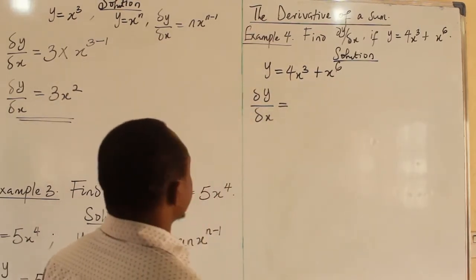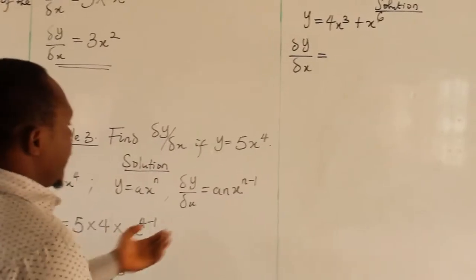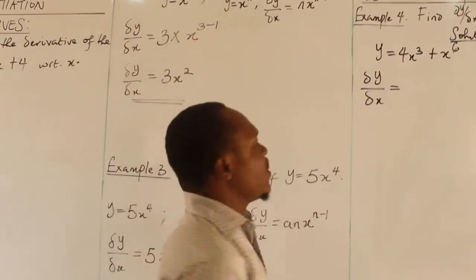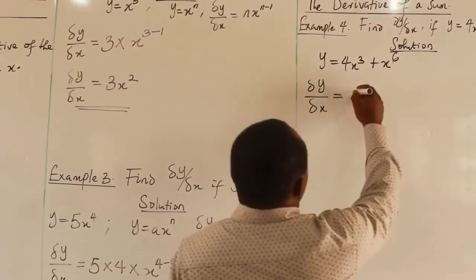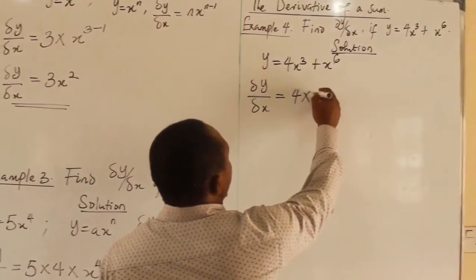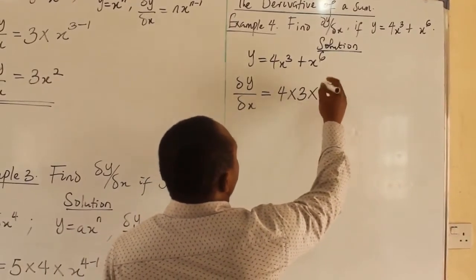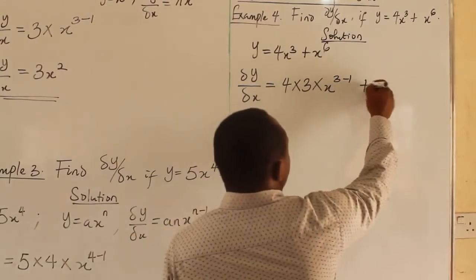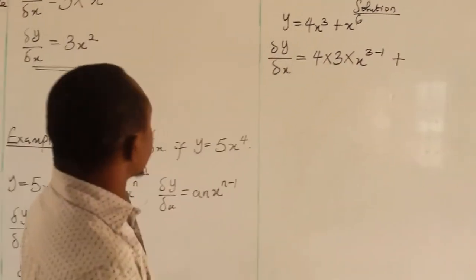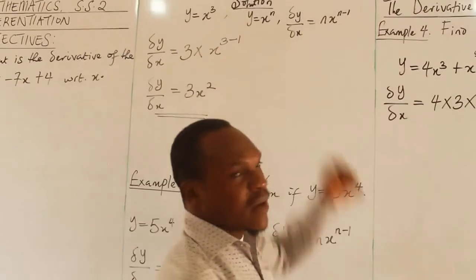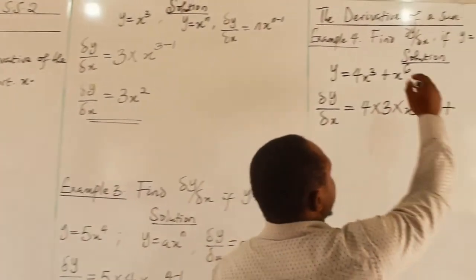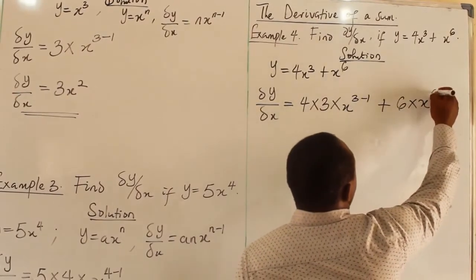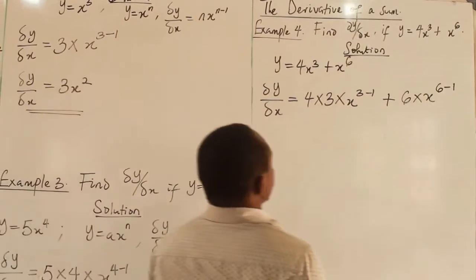So we're going to be applying this formula here, anx power n minus 1, for x raised to the power 3, where dy over dx will now be 4 multiplied by the power 3 multiplied by x raised to the power 3 minus 1, plus, moving on to x power 6, we're going to be applying this formula, nx raised to the power n minus 1, where our n here is 6, multiplied by x raised to the power n minus 1, which is 6 minus 1.